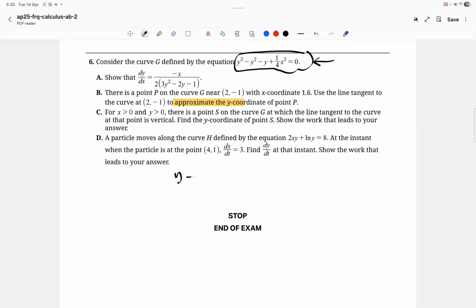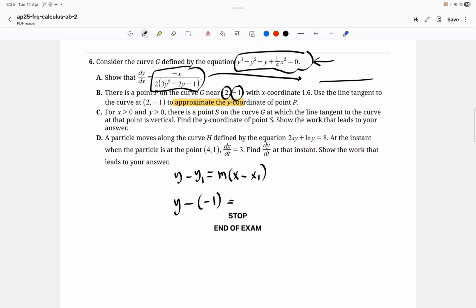There's an annex. Y minus y1 is equal to m times (x minus x1). This is the x1, that's the y1. So y minus negative 1. Now what's the m? The slope. So come here and apply the x as 2 and the y as negative 1.